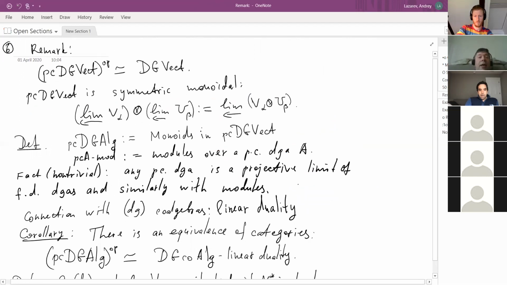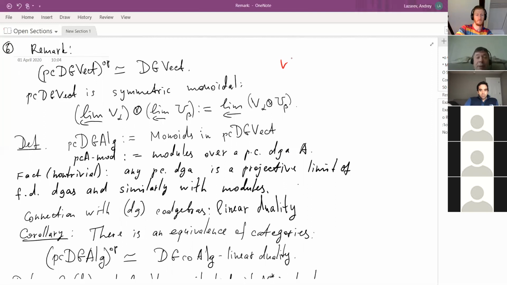Notice that the category of pseudo-compact differential graded vector spaces is anti-equivalent to the category of all vector spaces. This is because the category of vector spaces is the ind-category of finite dimensional vector spaces.